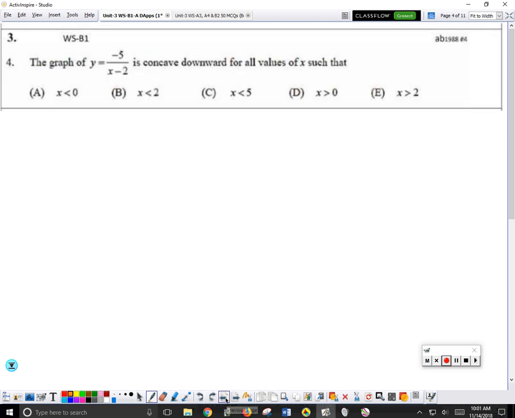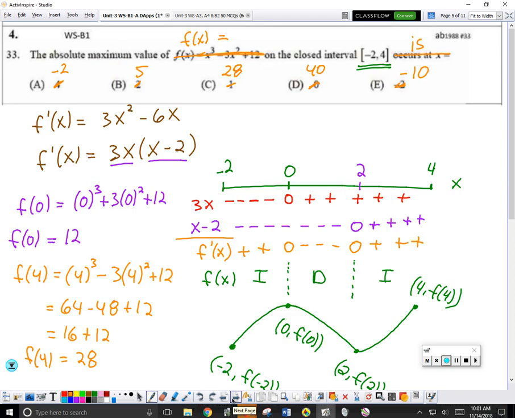Here, we're trying to figure out when F is concave down. Sketching concavity I find to be difficult, so we actually won't do a sketch on this one. But we can still do the sign chart, because when F double prime is negative, F is concave down. So we're going to use the exact same method, but instead of making a sign chart of F prime, we'll make a sign chart of F double prime.